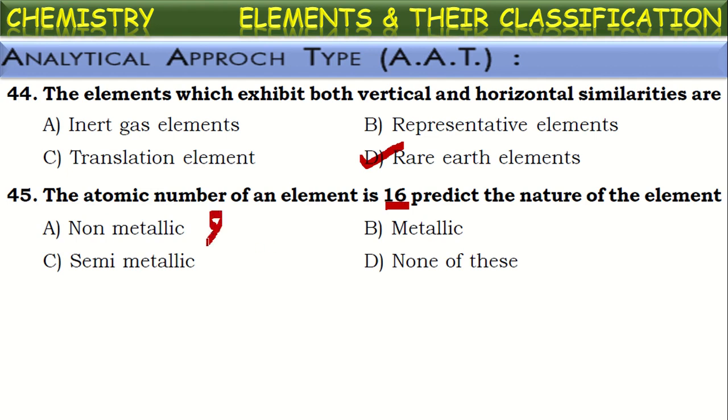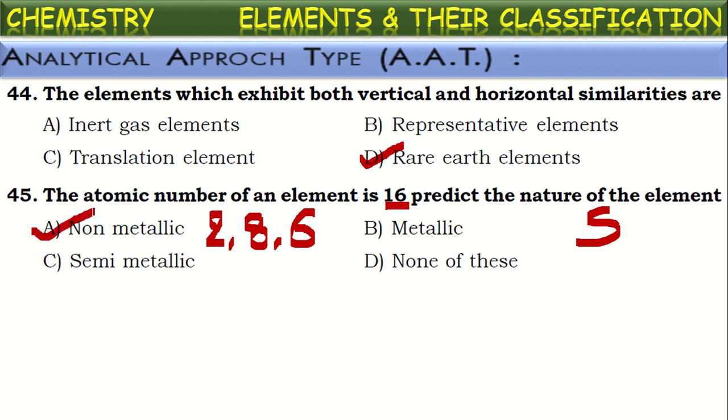How do we write? 2, 8, and next what we get in third shell? 6. So for this element, there are 6 electrons in its valence shell. As it has more than 4 electrons in its valence shell, it is a non-metallic element. What is that element actually here? Element with atomic number 16 is sulfur, isn't it? So sulfur is a non-metal.